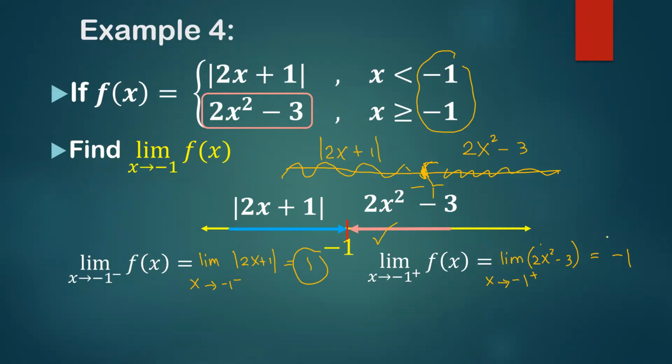Okay. So negative 1 to, this is positive 1. So the limit as x approaches negative 1 without the direction does not exist since these two are not equal. Pero yung limit from each side, meron tayong nakukuhang value. The limit from each side exists kasi meron kang numerical value.